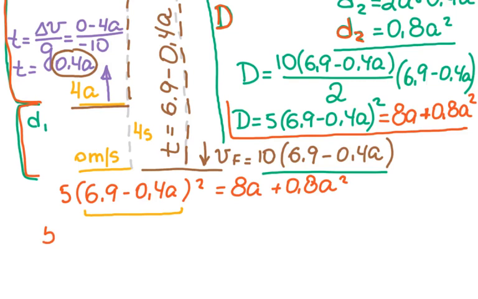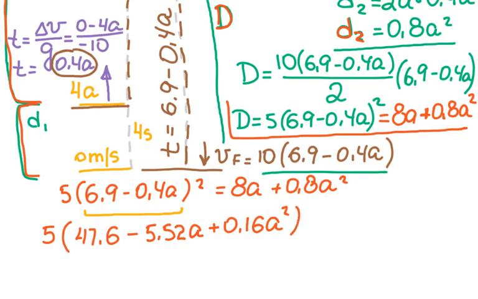So I will have 5 times (6.9 squared, 47.6, minus 2 times their product, 5.52a, and plus 0.16a squared) equals 8a plus 0.8a squared.